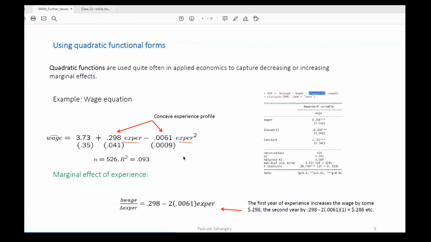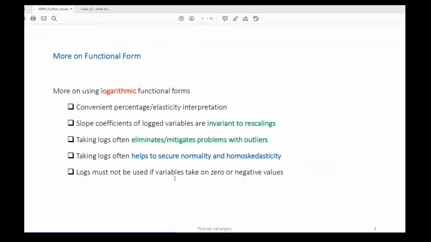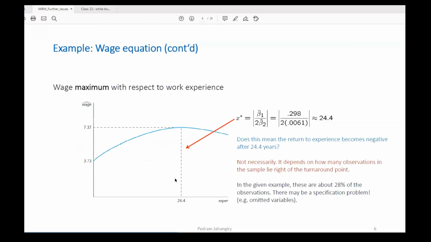So if I add education, age, and then, I don't know, gender, female, and lots of other control variables, the odds are that this threshold is going to increase. It's going to be a lot higher, and then I have very few observations here. That's what we call a specification problem. So you can deal with it like that, but be careful.